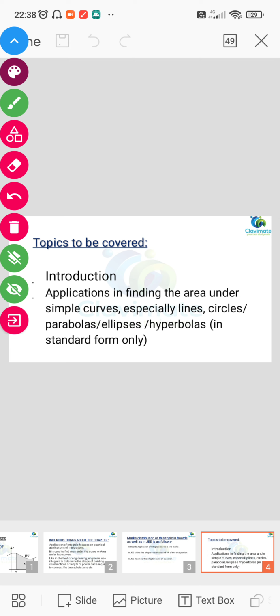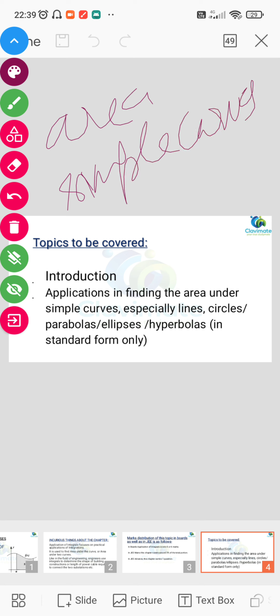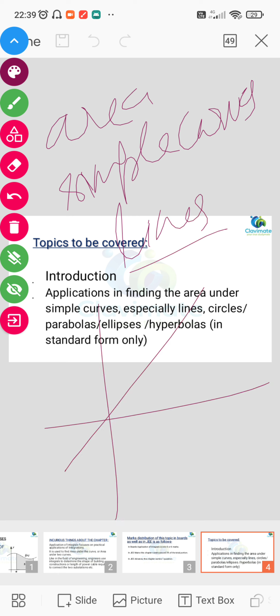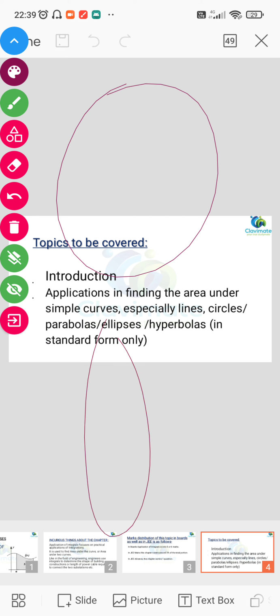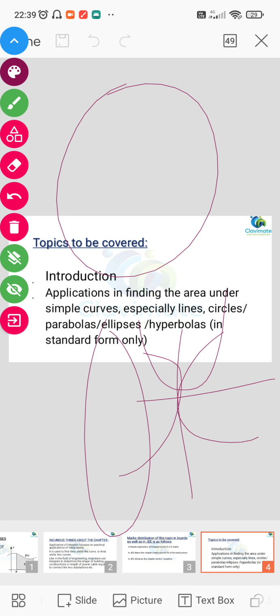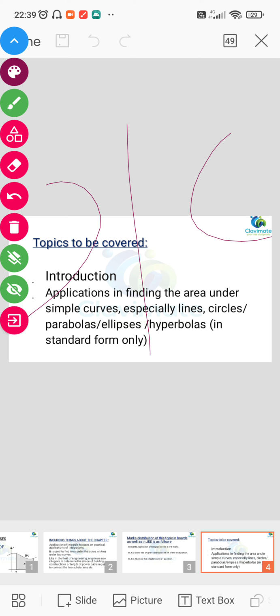So we are going to discuss area under simple curves: lines like this or this, circles, ellipses, parabolas like this or this, and hyperbolas in standard form only. So let's start with our first question.